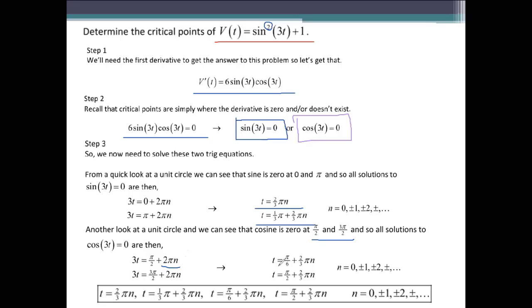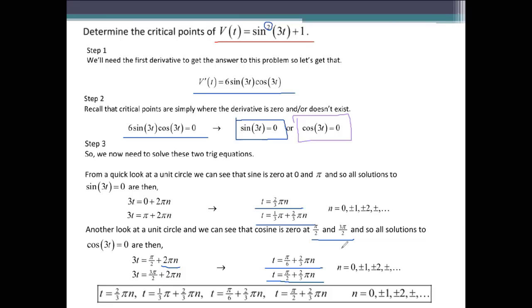So we have the next answers: t is pi over 6 plus 2 over 3 pi n, and the second one, pi over 2 plus 2 over 3 pi n. We need to divide by 3 here and here also. n is an integer. So how many critical points do we have?